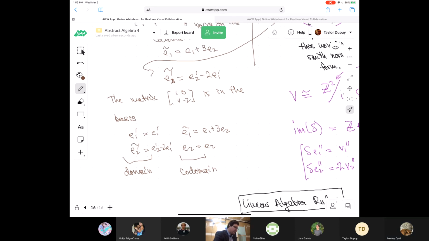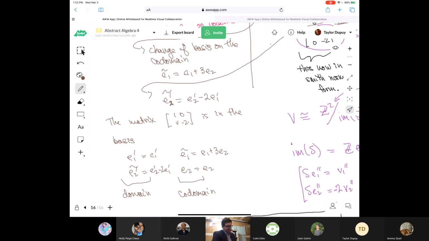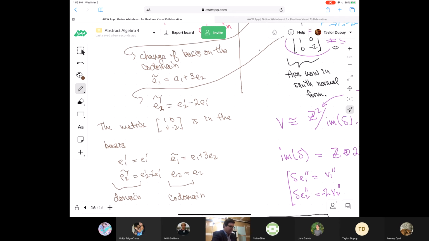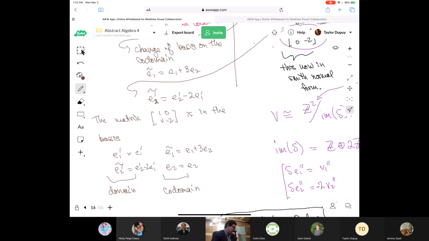Okay, I'm sorry, I've lost track of why exactly we're computing these. The reason I'm doing this is to show you explicitly what the row operations we were doing were in terms of the linear transformation. Some problems may ask what basis you use in order to put this into Smith normal form.